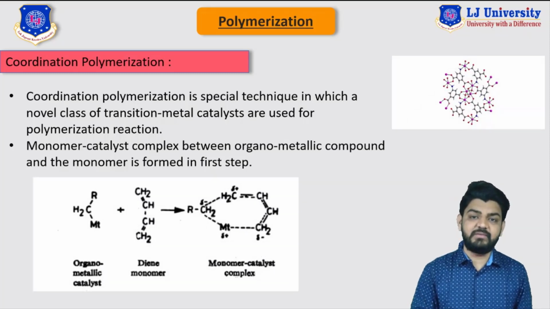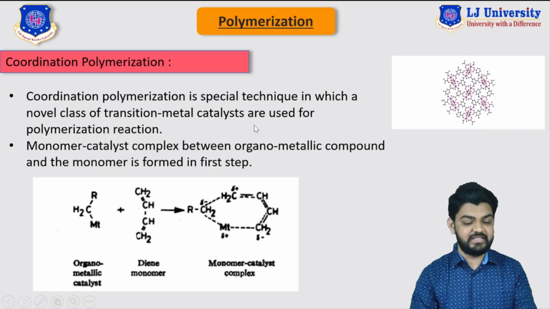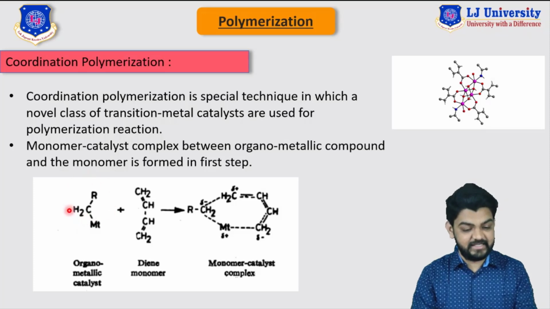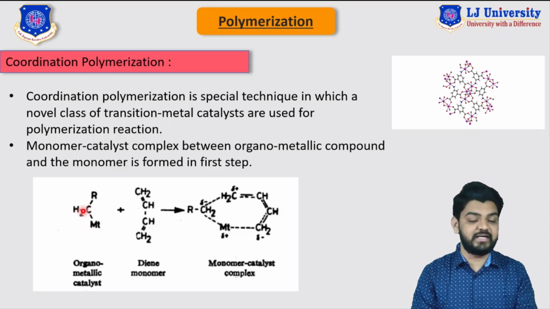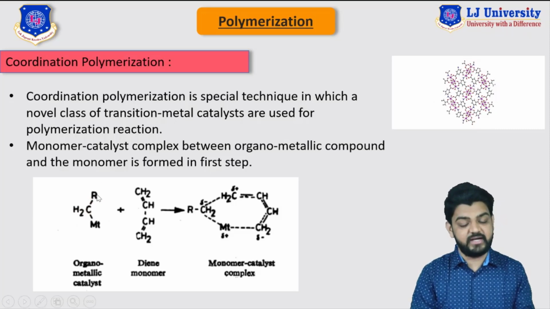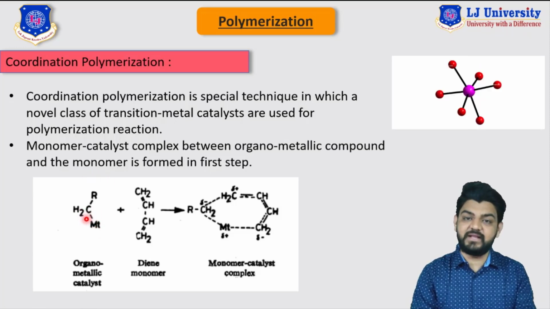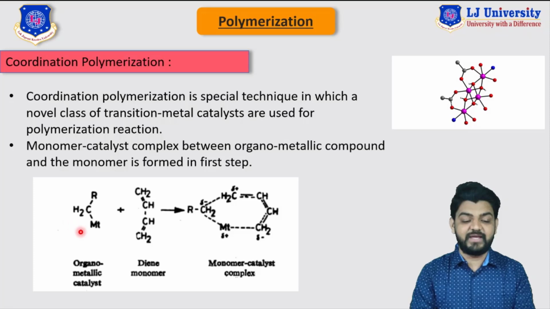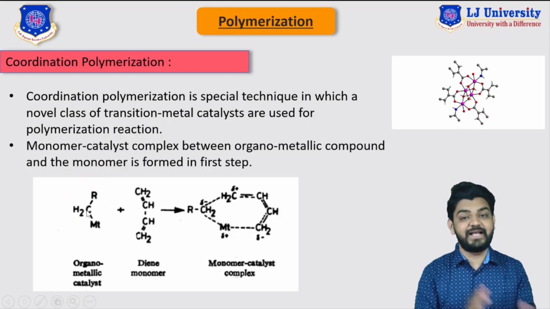Here in this image you can see this organometallic catalyst. It has CH2 which is attached to R, which is nothing but the hydrocarbon chain, and this chain is attached to some metal that is represented by Mt. So we can say that this particular component is our organometallic compound.